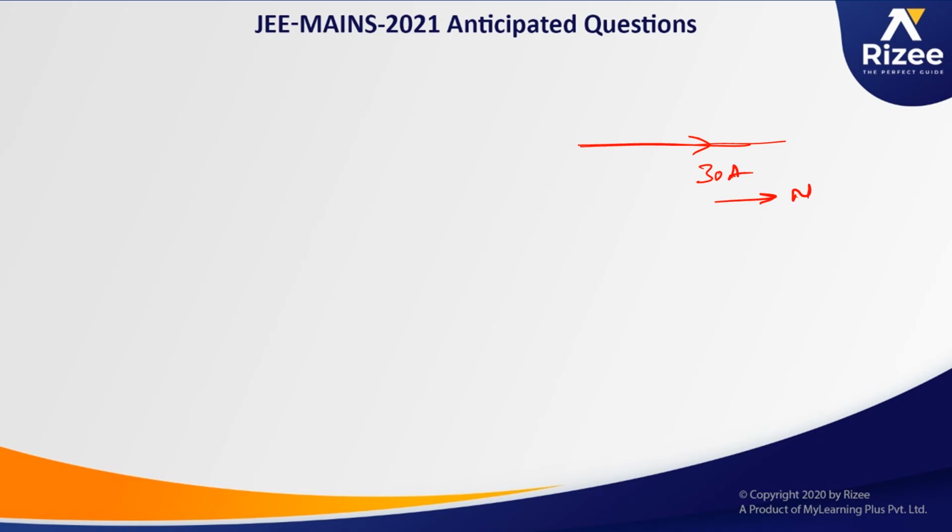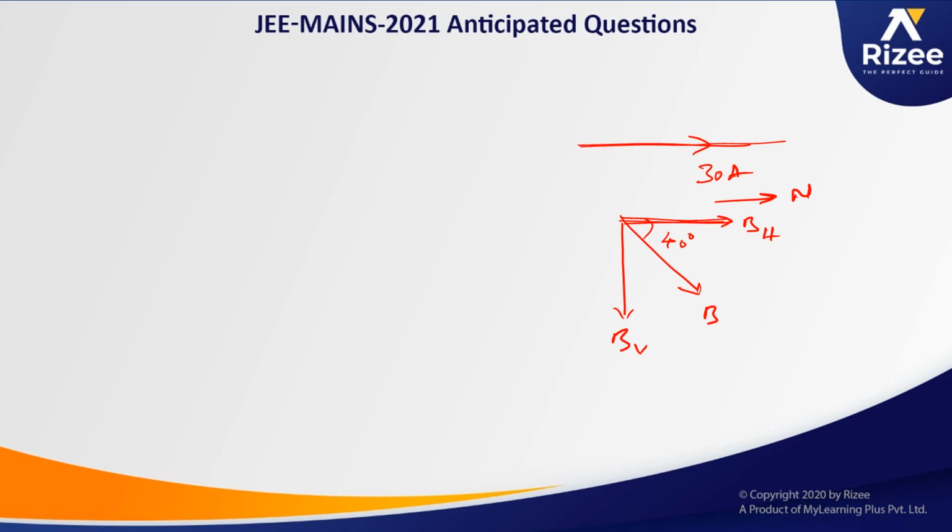Fine. In this case, the resultant magnetic field is making an angle of some 40 degrees with respect to the horizontal. So obviously in this direction you will have the horizontal component of the Earth's magnetic field, in this direction the vertical component, and here it will be the B condition.